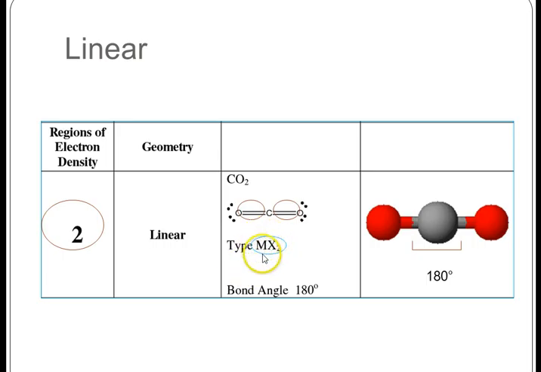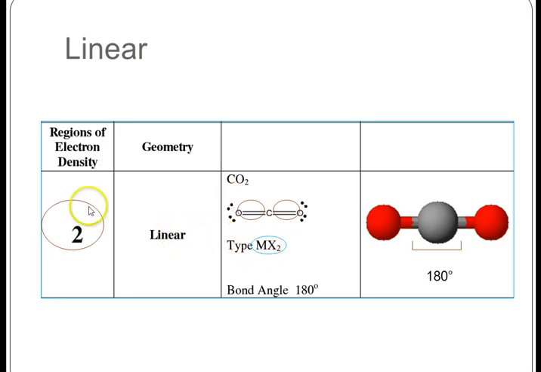The M is just a symbol representing the central element, and the X is your peripheral atoms, which are the ones that are attached to the central atom. So you have 1 central element, and then you have 2 peripheral, which are your oxygens. And that's just a generic representation for that.